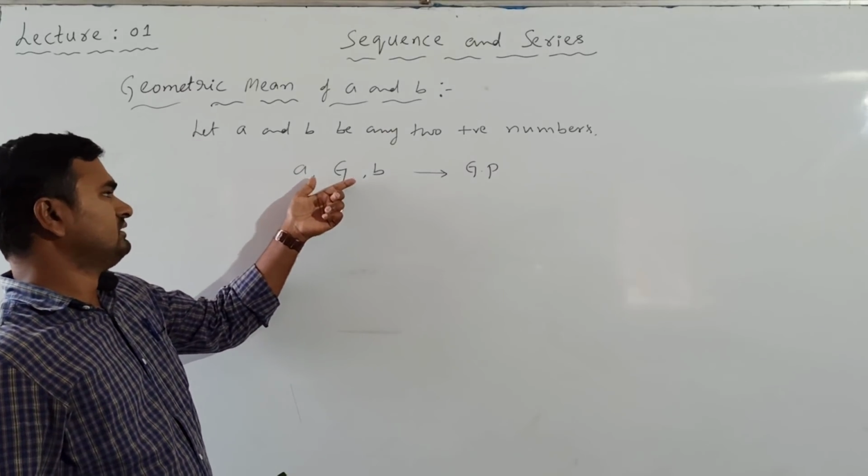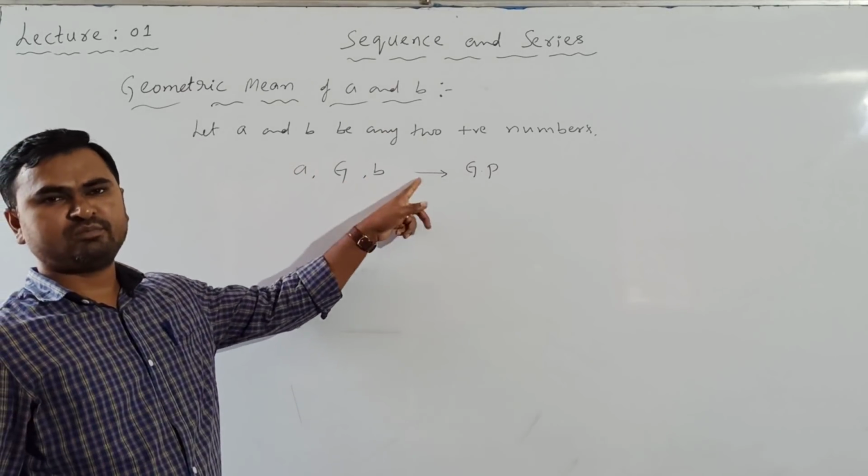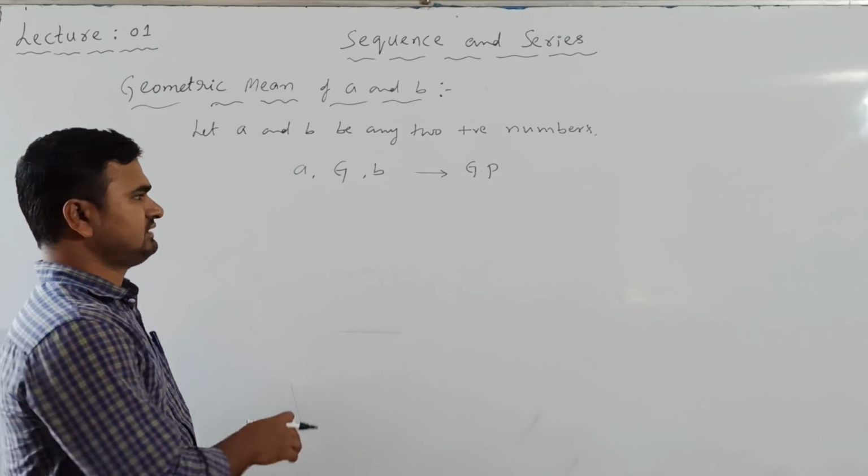Then this G is called the geometric mean of two given numbers A and B.